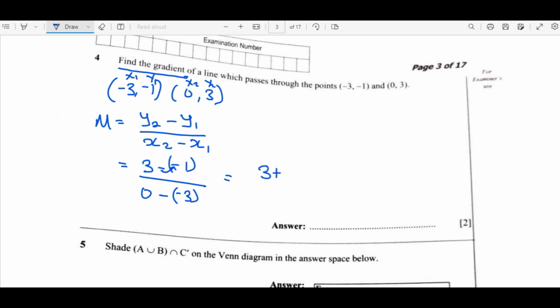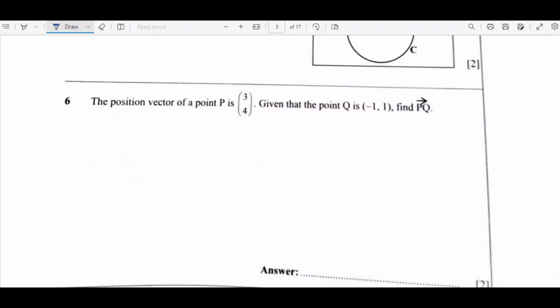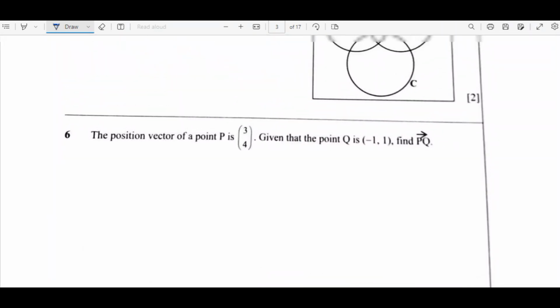So we say 3 plus 1 over, and this also a negative gives a positive, so 0 plus 3. The answer is 4 over 3. You can leave it here, or you can say 3 into 4 is 1 remainder 1, so 1 and 1 over 3. This is the gradient. It was carrying 2 marks. Okay, let us move to the other question.